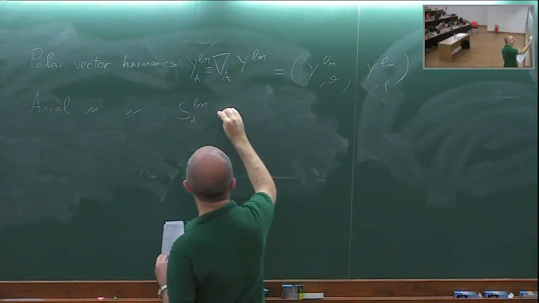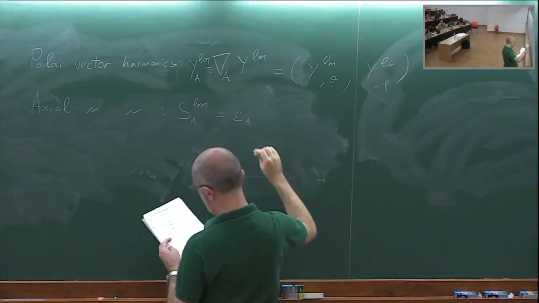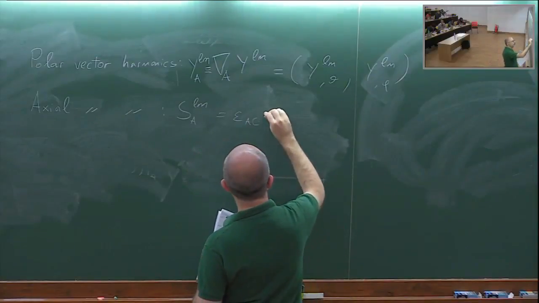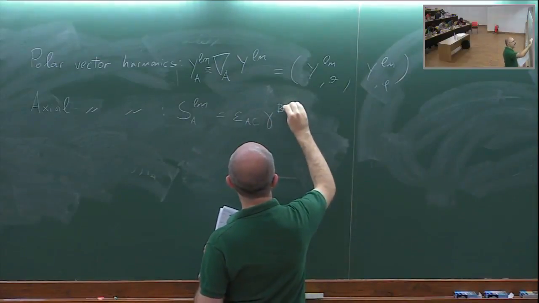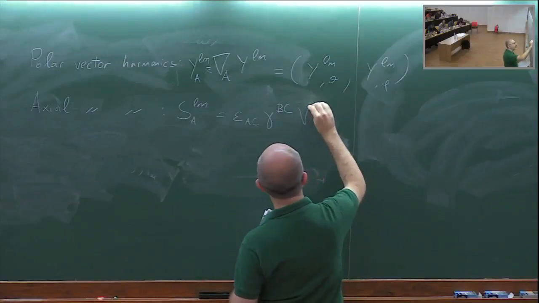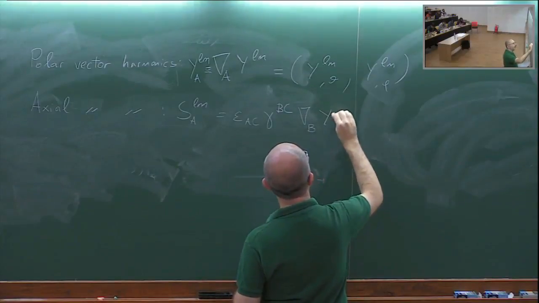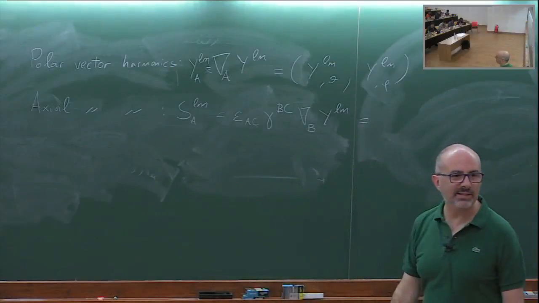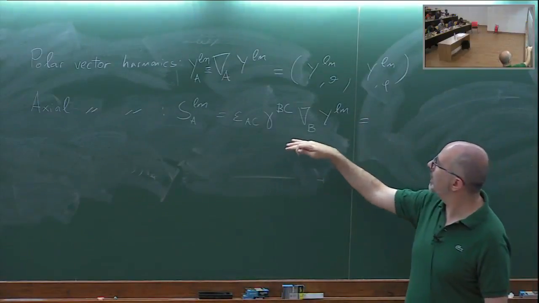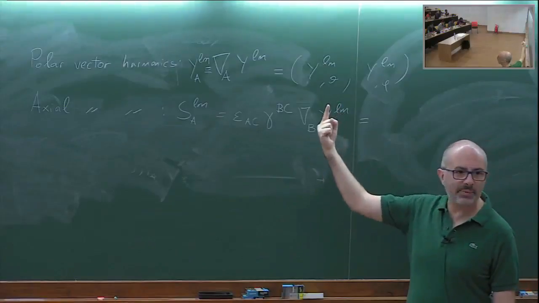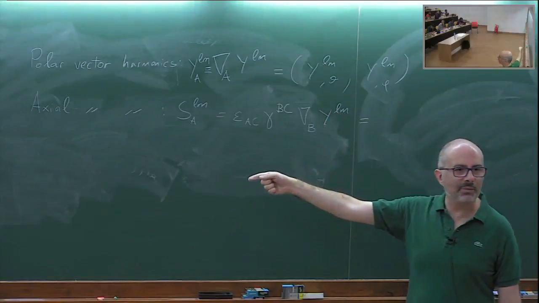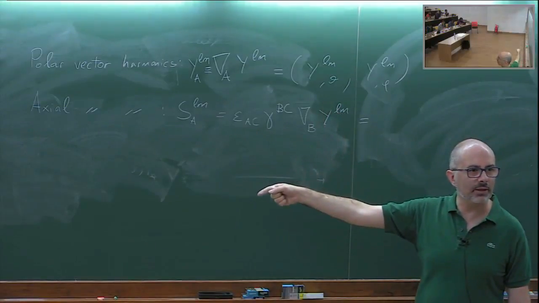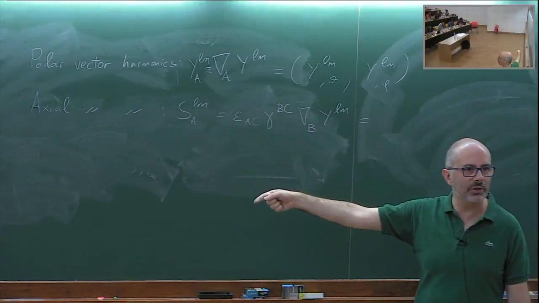I take epsilon_AC, gamma^BC, nabla_B, Y_LM. Does it make sense? Because gamma^BC nabla_B is nabla^C upstairs, and then I'm multiplying by the Levi-Civita tensor. Think of the definition of the angular momentum in Cartesian coordinates.